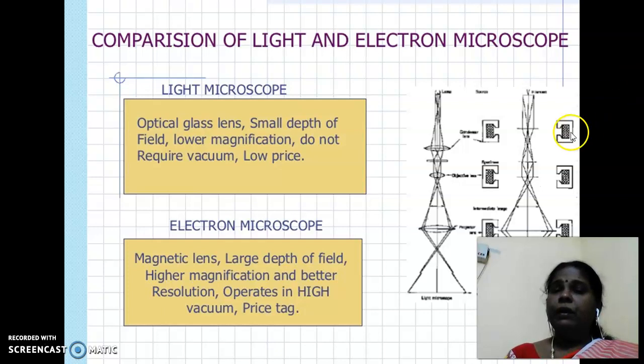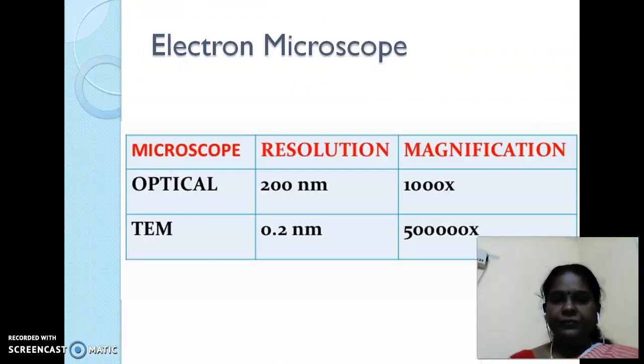Another point is electrons can move freely only in vacuum. Hence, the electron microscope has to be operated in high vacuum condition, and hence the price is high.